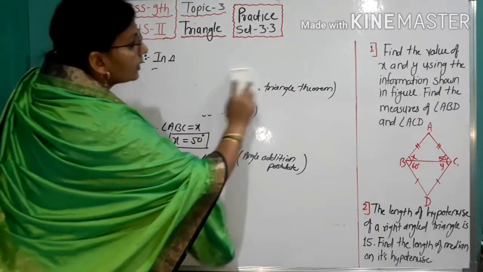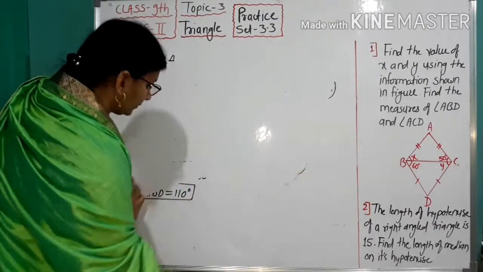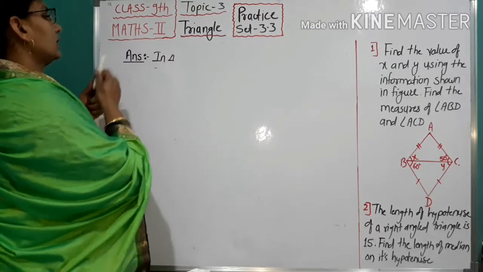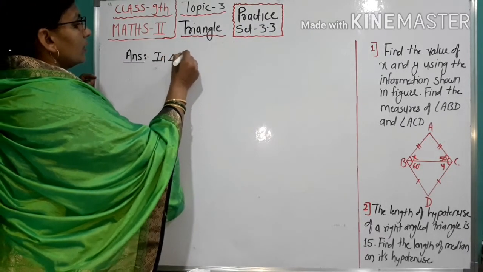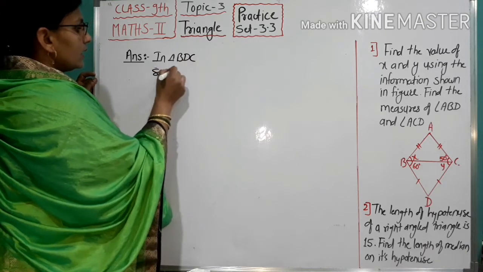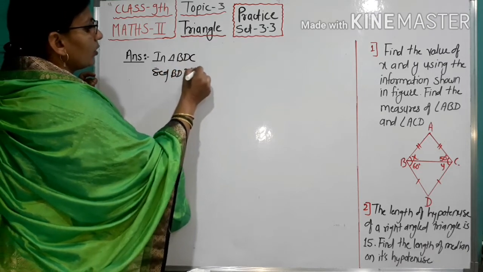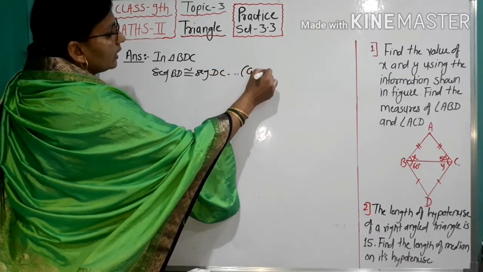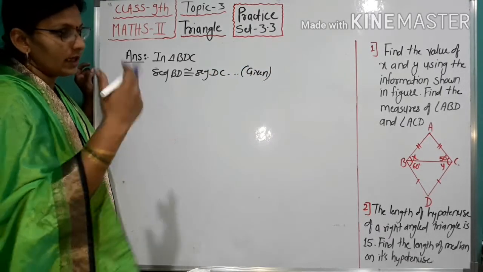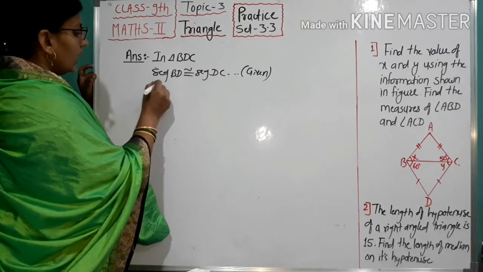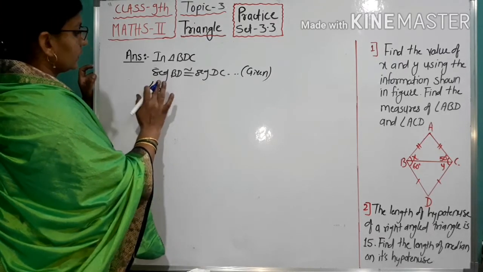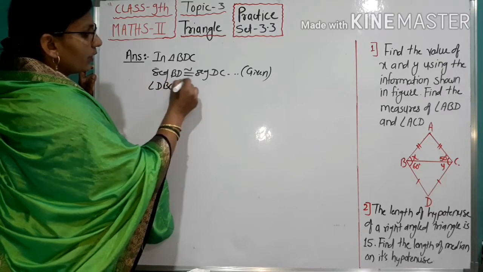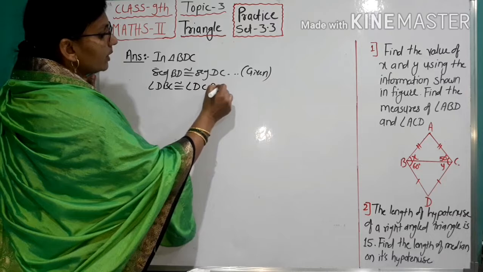In triangle BDC, segment BD is congruent to segment DC. This is given. Also, by the isosceles triangle theorem, angle DBC is congruent to angle DCB.